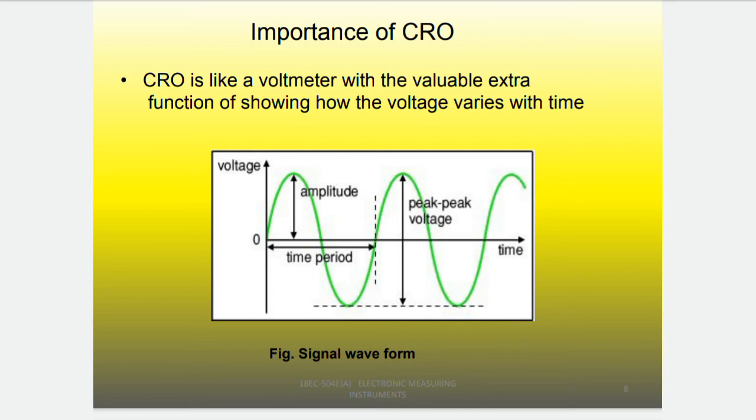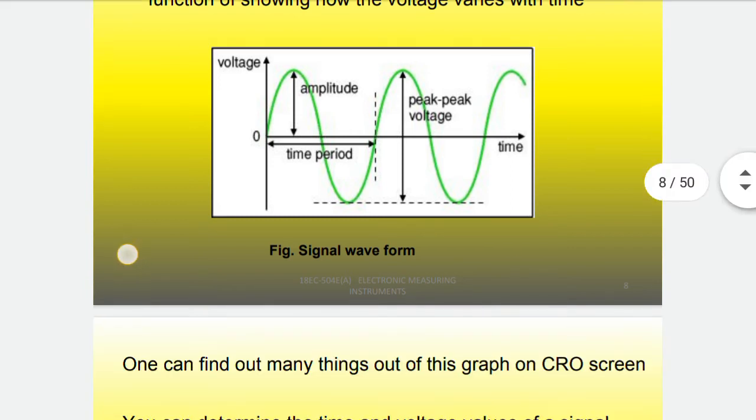The peak to peak voltage is the maximum positive and negative peaks, amplitude is the height of the waveform, that is the height of the vertical line, and time period is the time taken to complete one full cycle, that is one complete positive and negative cycle.